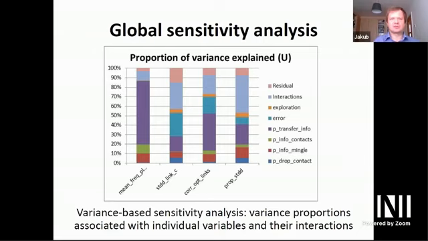The exploration didn't feature very strongly in the outputs, whereas the different aspects of information exchange, with whom they exchange information and how they update the information when they do exchange it, mattered a lot.